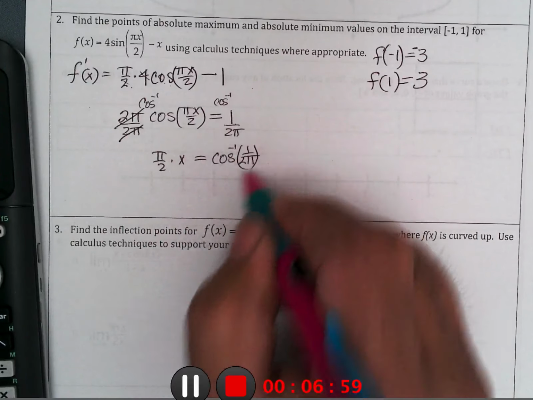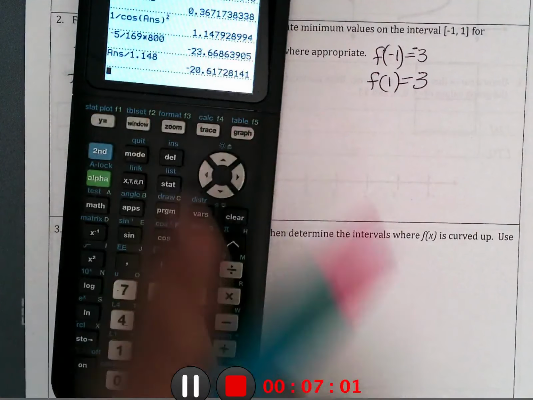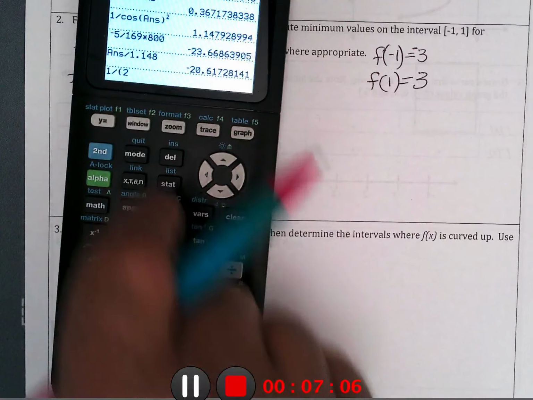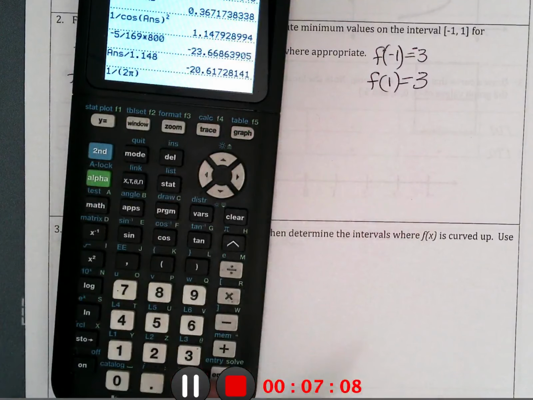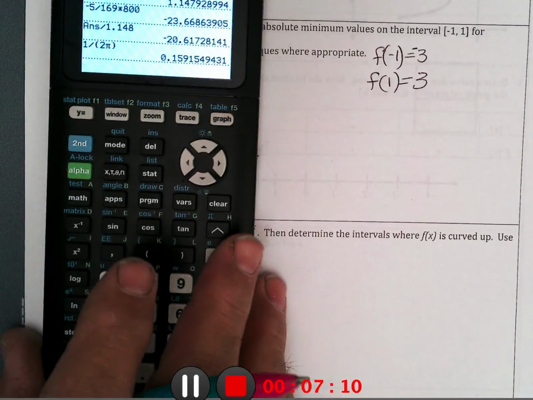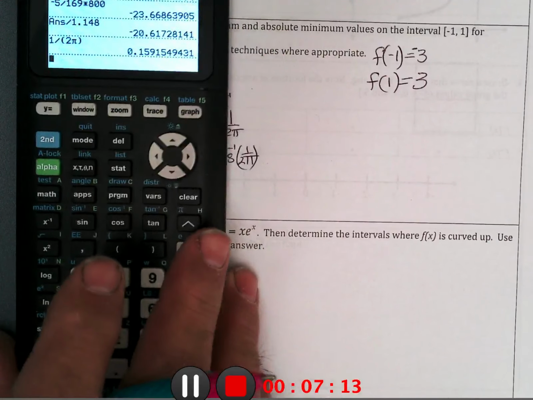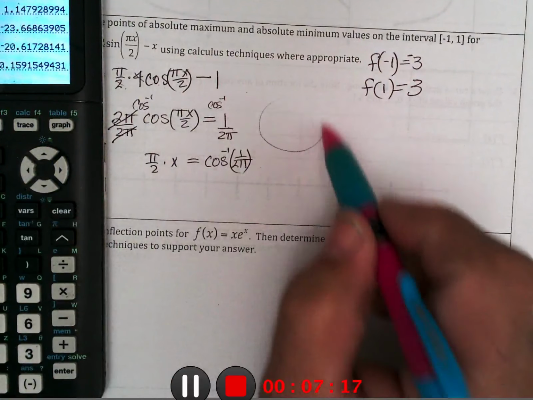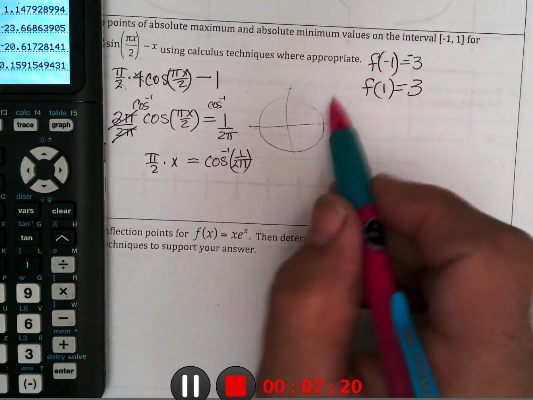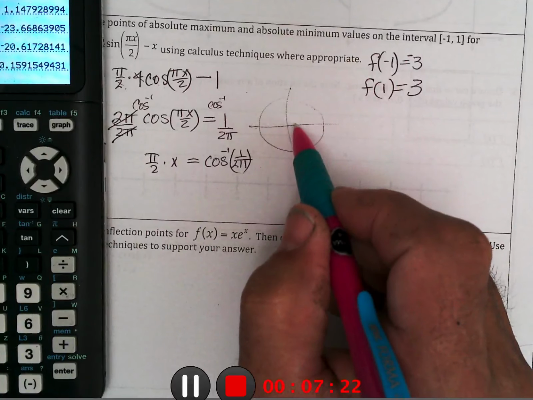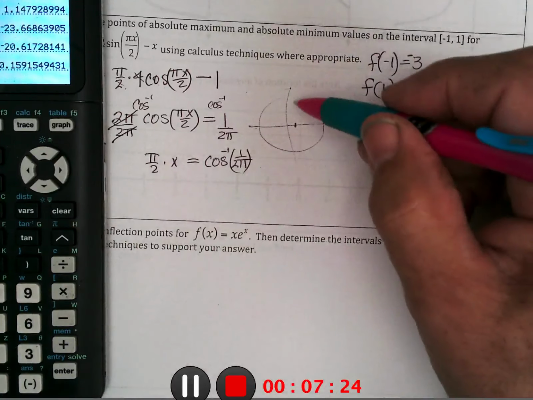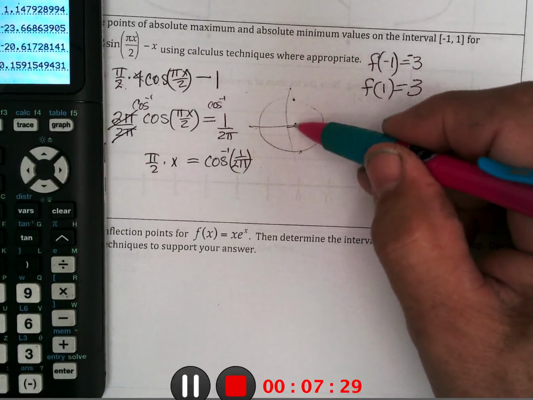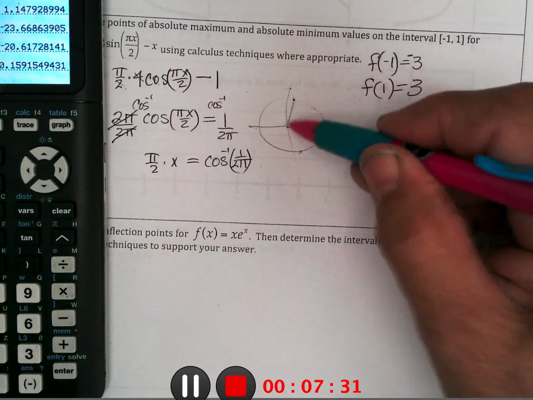Now, 1 divided by 2 pi is that. But just to be clear, on the unit circle, we're talking about 0.15, which is in here close. There's a couple places where the cosine is 0.15. Up here and also down there.